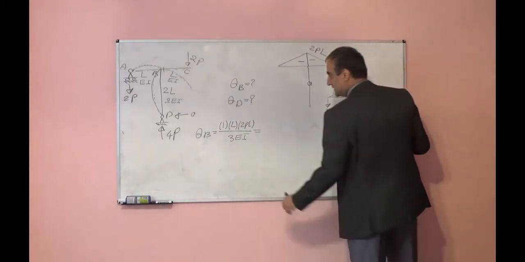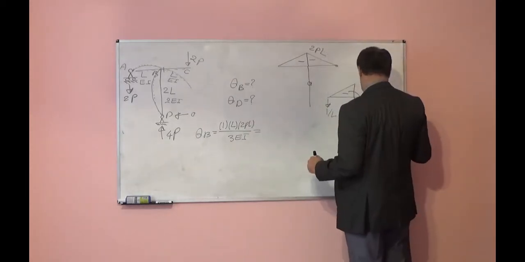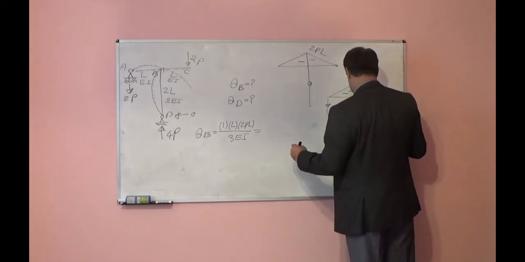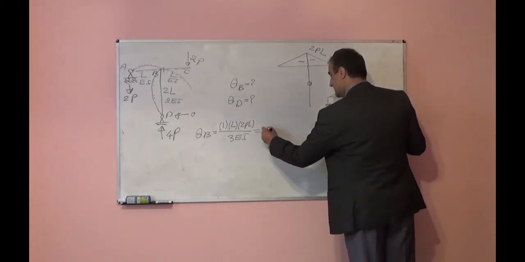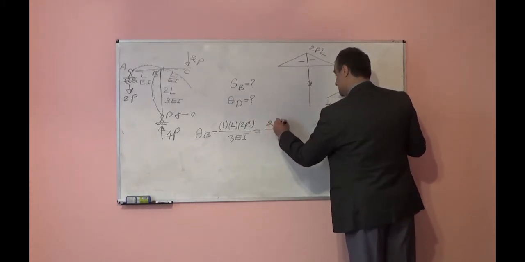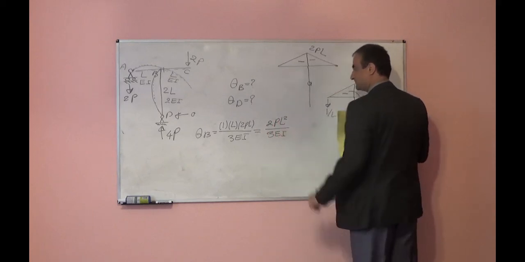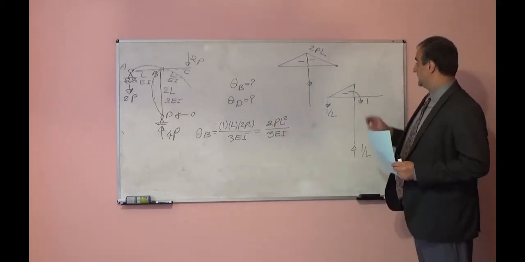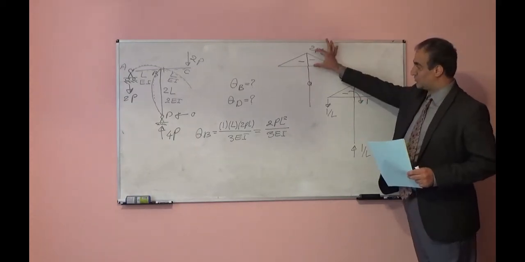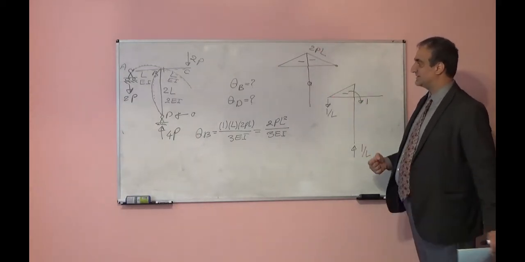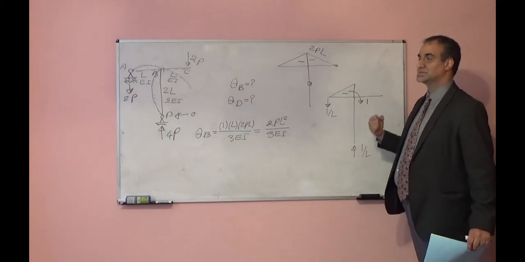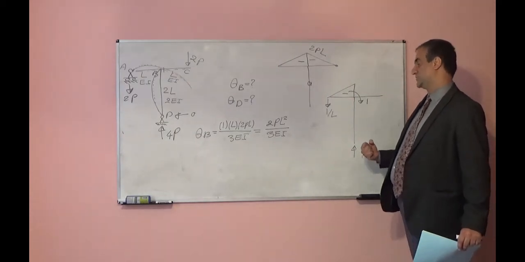Coefficient 1 over 3 times length over EI. So the answer for this system will be equal to 2PL squared over 3EI. Moment times the length divided by EI times 1 over 3 coefficient.